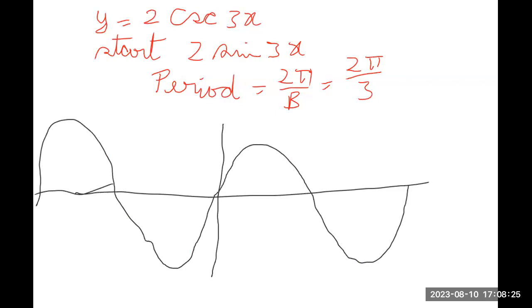Period is 2 pi over 3. So that's 2 pi over 3. That's half of that, so pi over 3. That's 0. That's negative pi over 3, and negative 2 pi over 3.